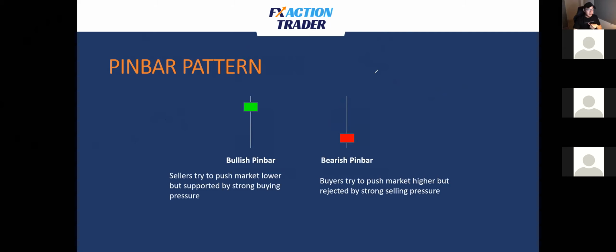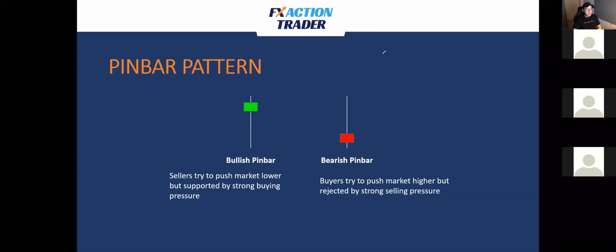If you see a pin bar in H4, most likely there is an engulfing in H1. Meaning the market tries to test the lower level of the market structure, fails to close below, and just pushes up and closes above this level. So we have a pin bar in the H4 chart.